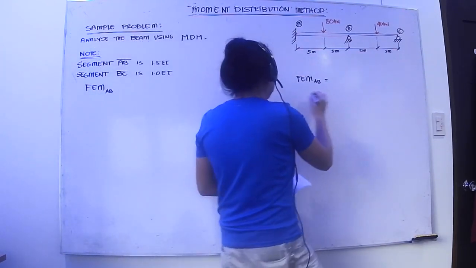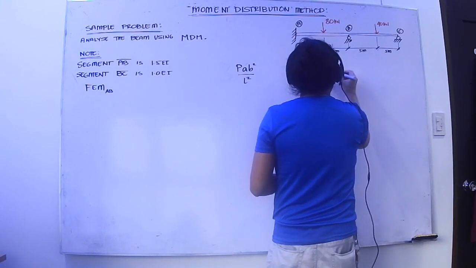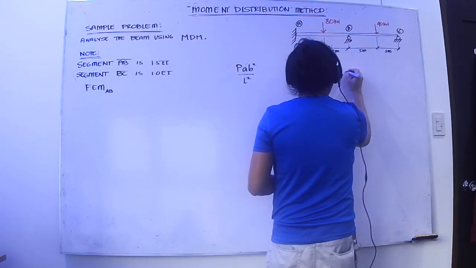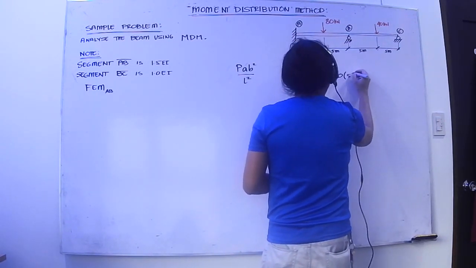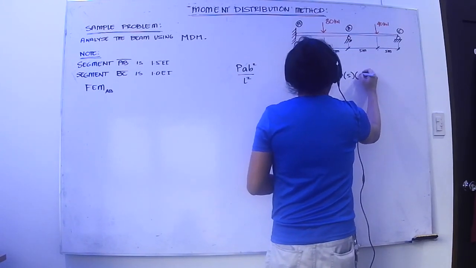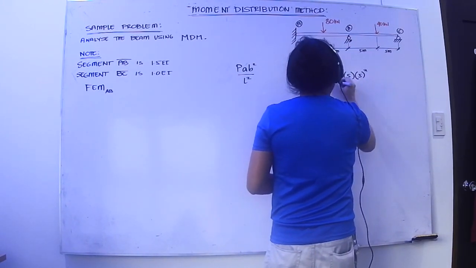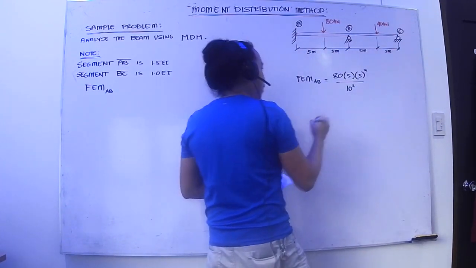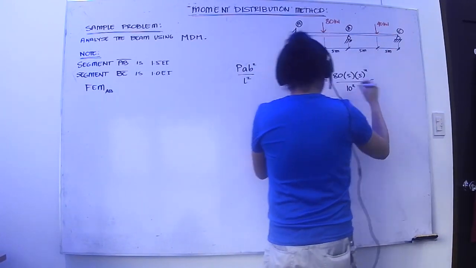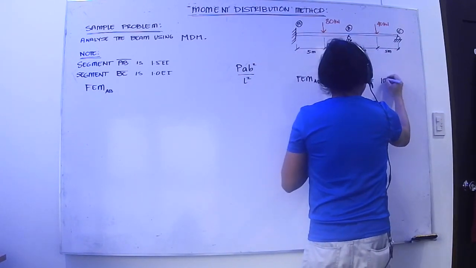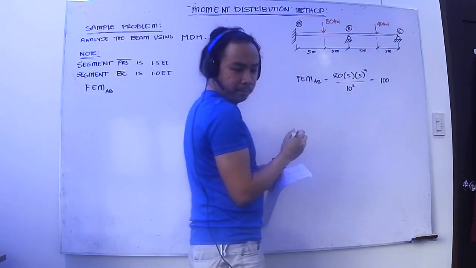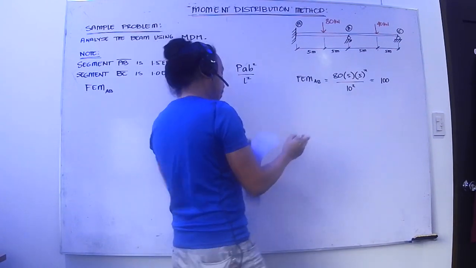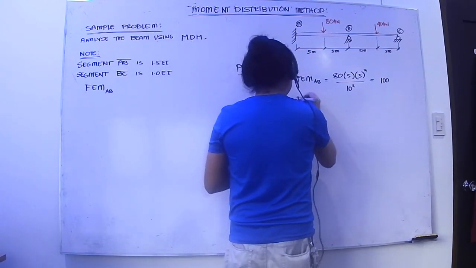Here P is 80, a is 5, b is 5, and L is 10, the full length of the beam. So FEM AB is 100 kilonewton meters.